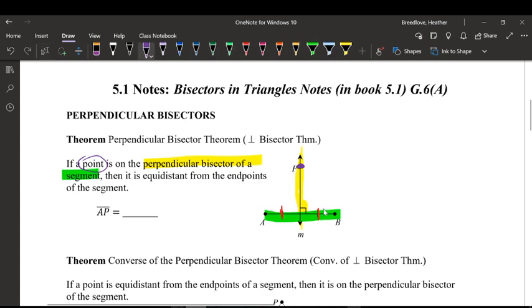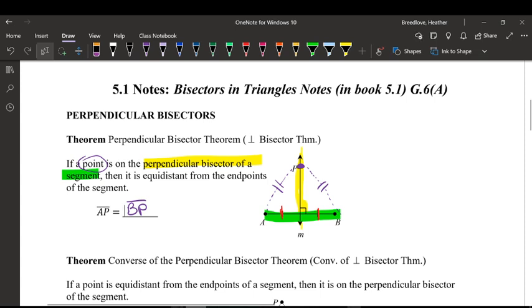What that's saying is that this distance, let's not pretend that's a straight line, is going to be congruent to this distance. So A to P is going to be the same as B to P because of the perpendicular bisector theorem, and you see how it creates an isosceles triangle.